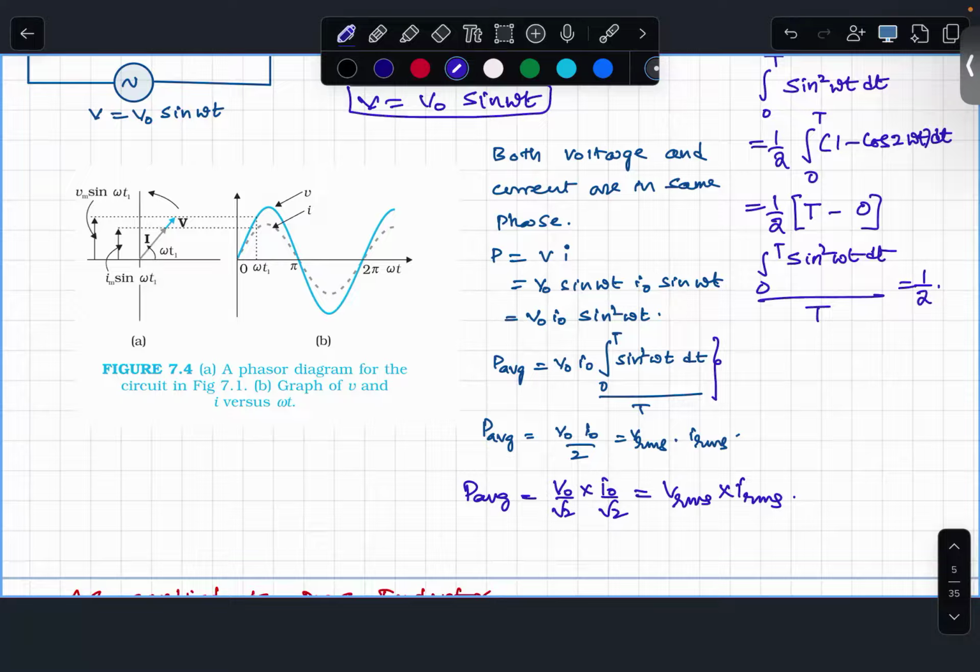That is not her question. Her question is, why are you taking the average only over half a cycle when you are taking RMS over the full cycle? Is that the question?